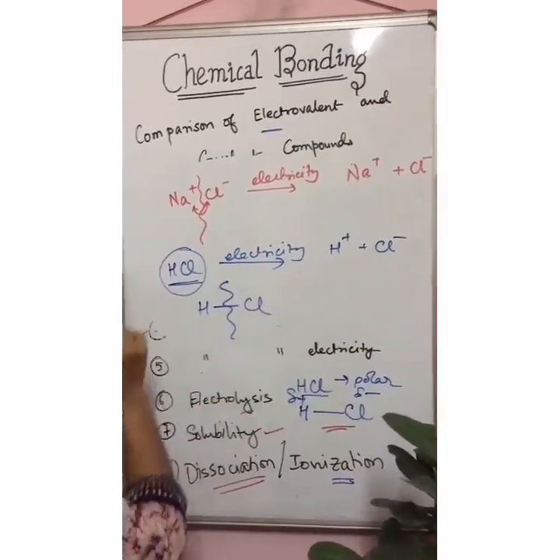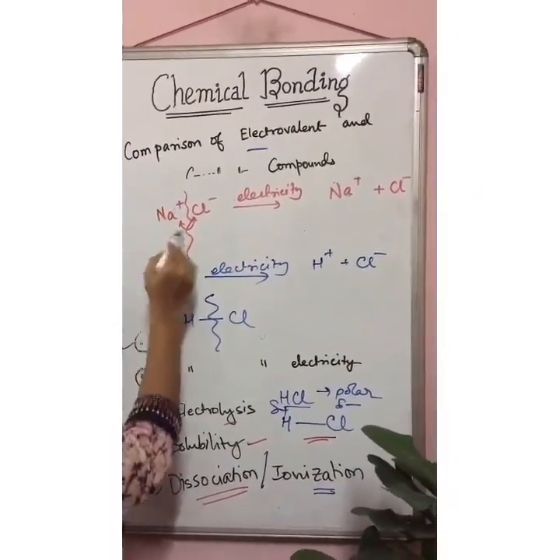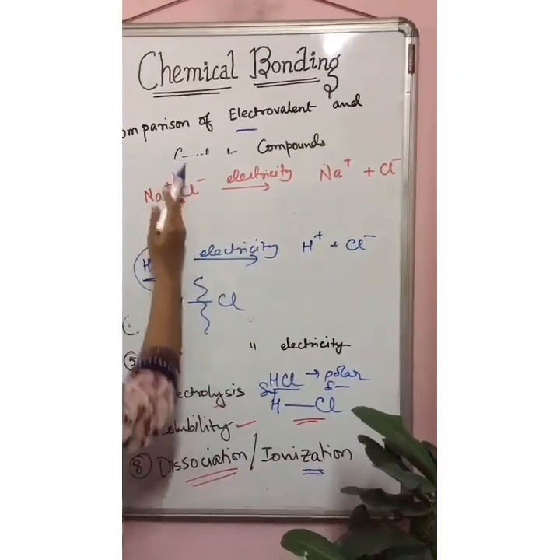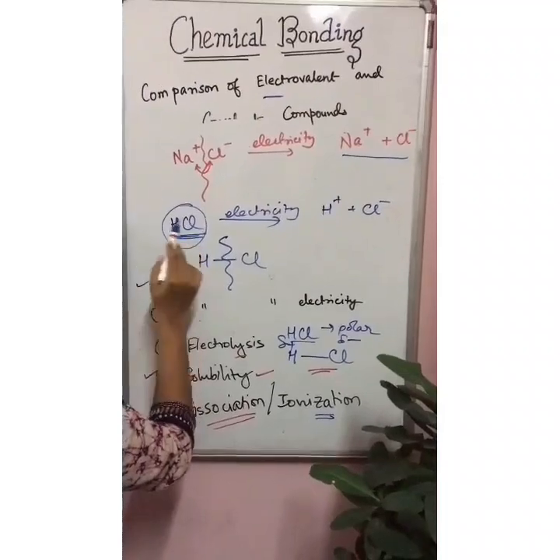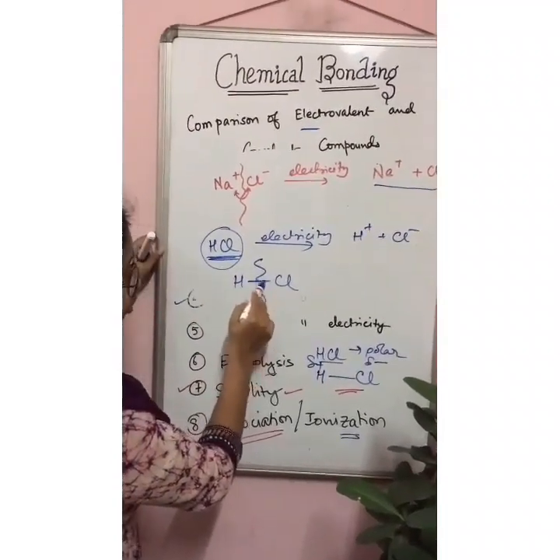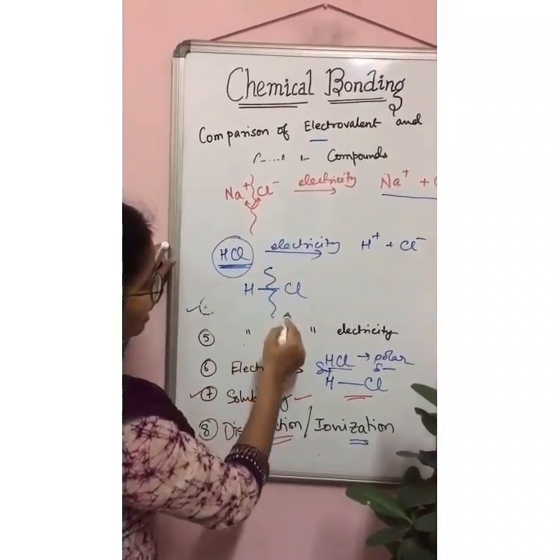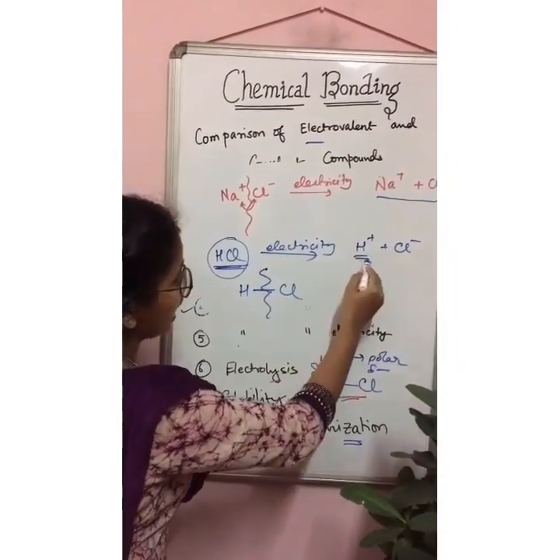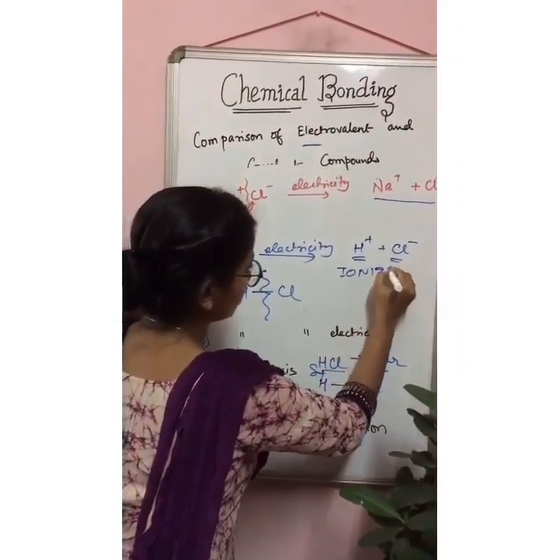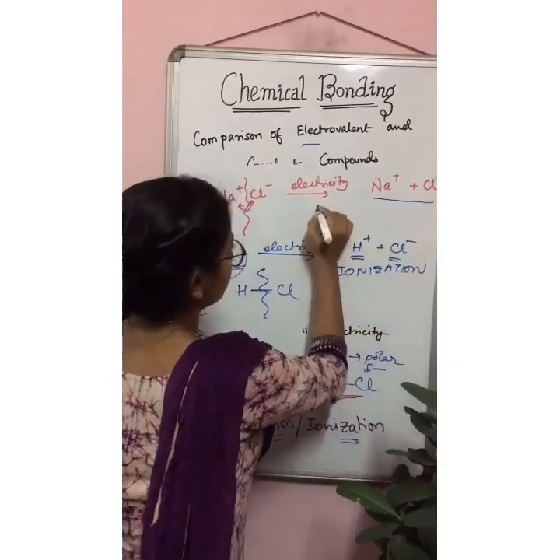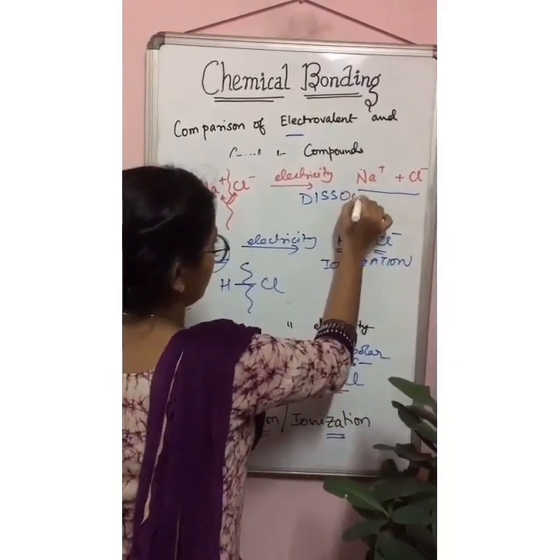This is called ionization. Previously, when ions were already present and we broke them apart, that was called dissociation. But when there are no ions present, there is a proper bond, and we pass electricity and break it to get ions, this is called ionization, and the other is called dissociation.